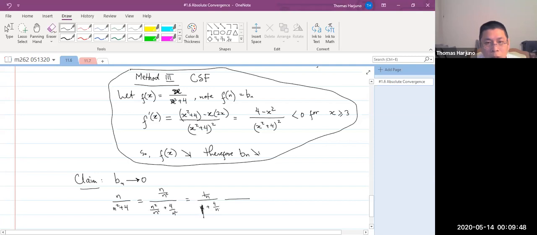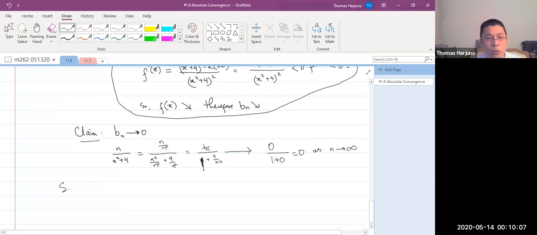This is 1 here, and this is 0. It converges to 0 over 1 plus 0, which is 0, as n goes to infinity.